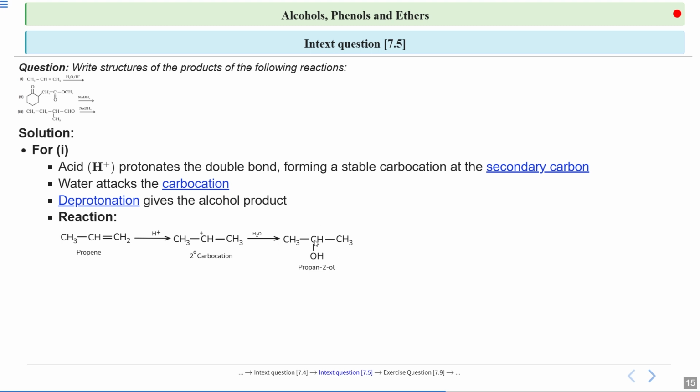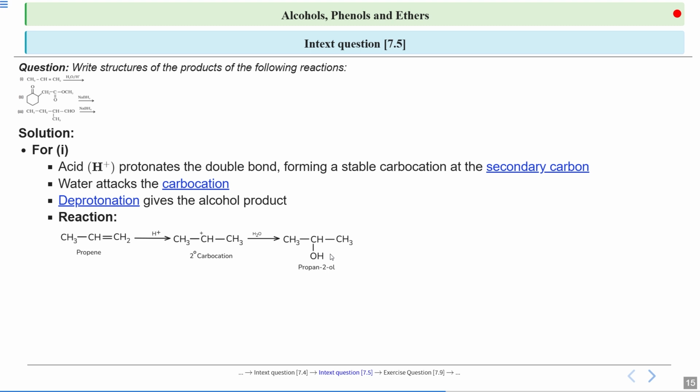Okay. Now see this carbon. To this carbon, your other 2 carbons are attached. So this is a secondary alcohol in this case. So this is the longest carbon chain. So the name will be propan-2-ol because at the second carbon your hydroxyl group is attached. Okay.